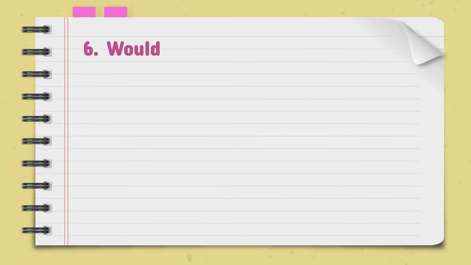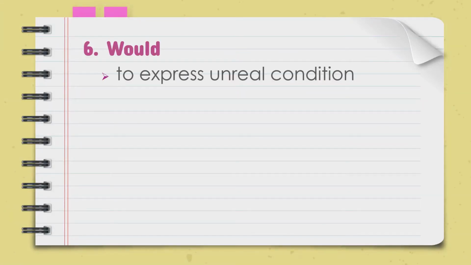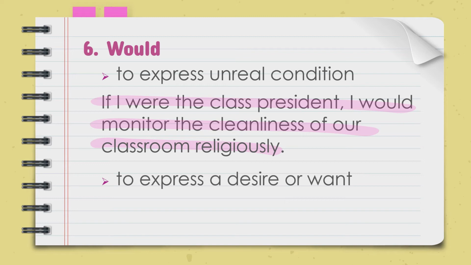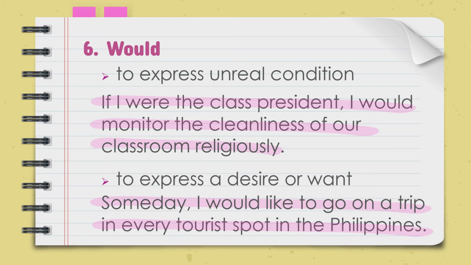Another function of would is to express unreal condition, like expressing something that you like to do in an unreal or non-existent situation. For example, if I were the class president, I would monitor the cleanliness of our classroom religiously. Last use of would is to express a desire or want. For example, someday I would like to go on a trip in every tourist spot in the Philippines.